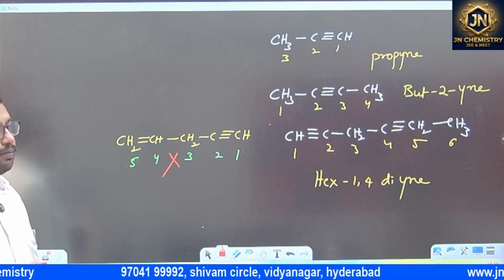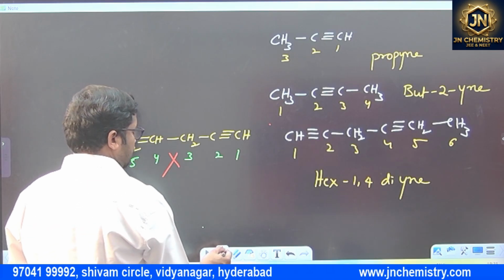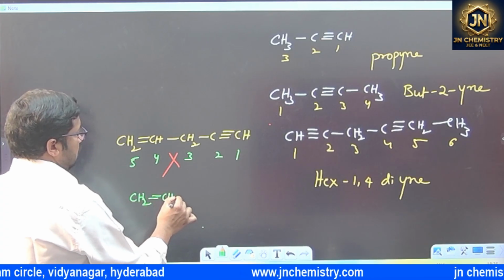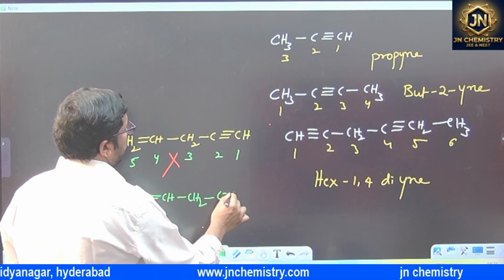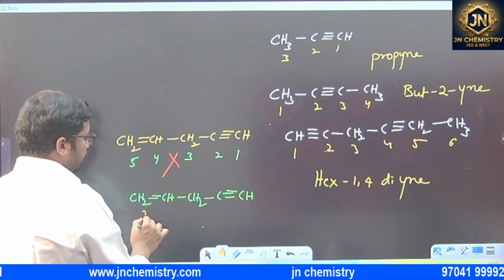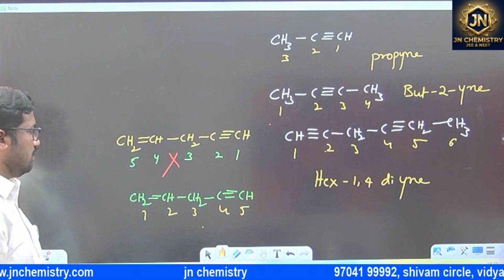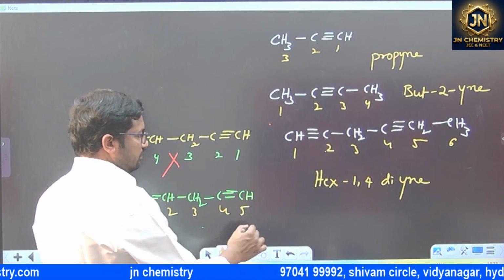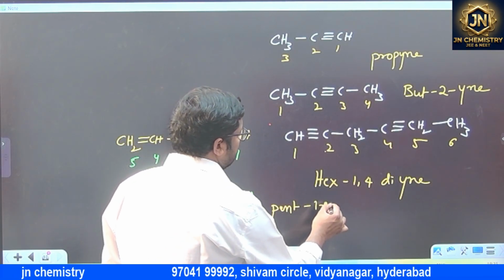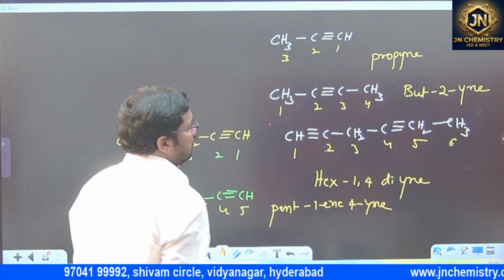When a double bond and a triple bond both are coming, we need to give priority to the double bond. Write it down. CH2. A lot of people think the triple bond seems bigger, right? No. According to priority, we need to give the order. Pent-1-en-4-yne.